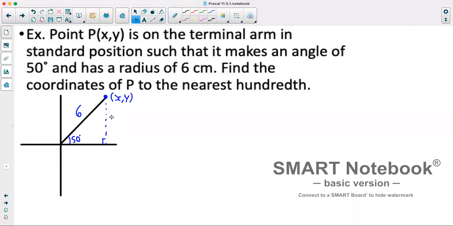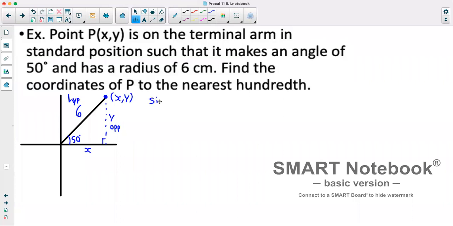So for example, if I want to solve for this side, which would be my y, this is my x, then I can use basic trig. So my y is my opposite, this is my hypotenuse. So the trig ratio that has opposite and hypotenuse is sine.